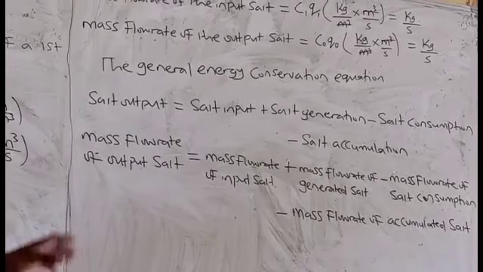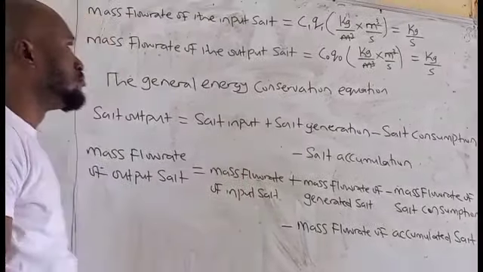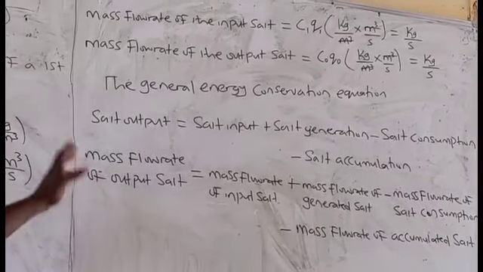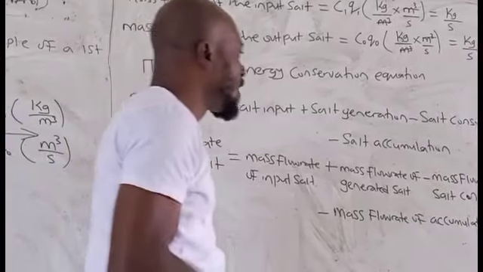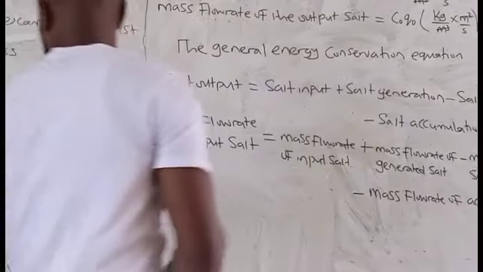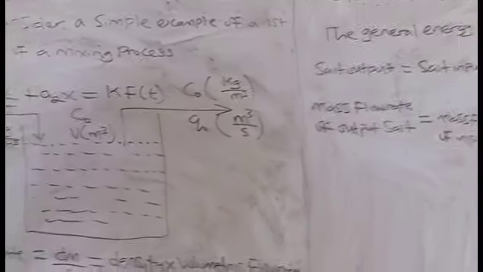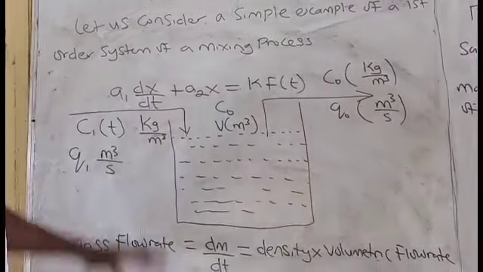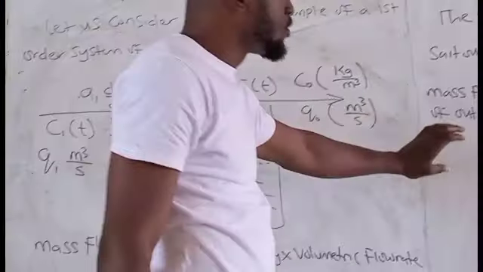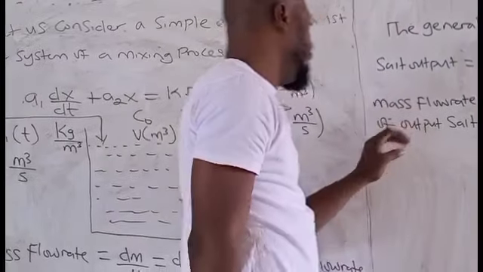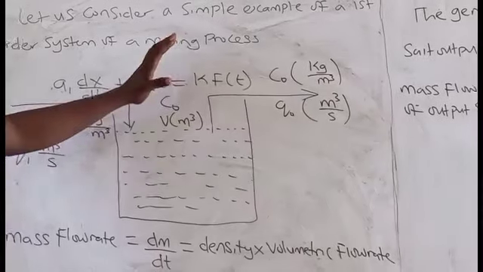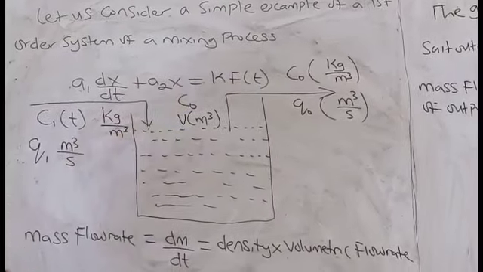Now we are going to look at some basic simplifying assumptions. The system is operated with a constant volumetric flow rate. The same system has a constant volume.